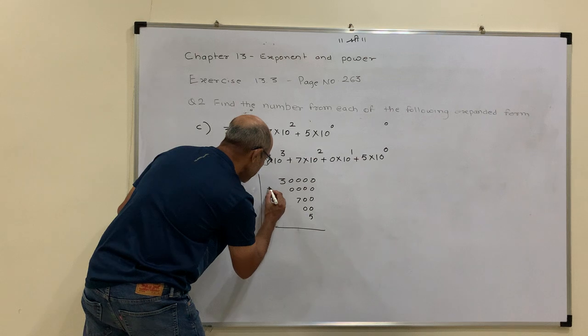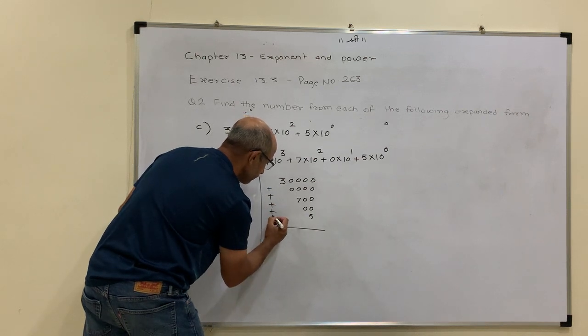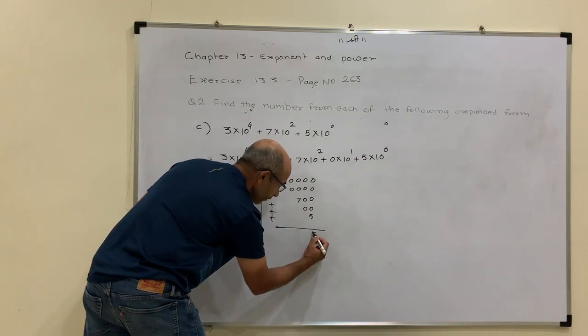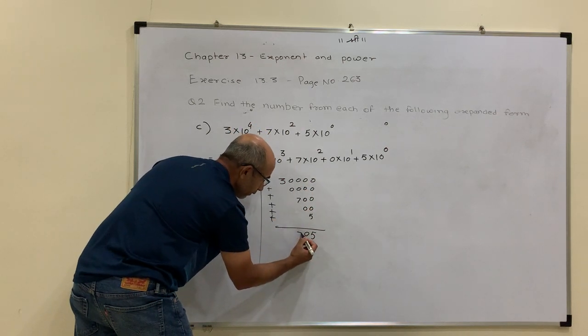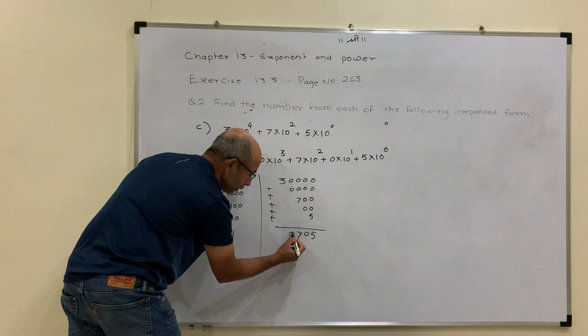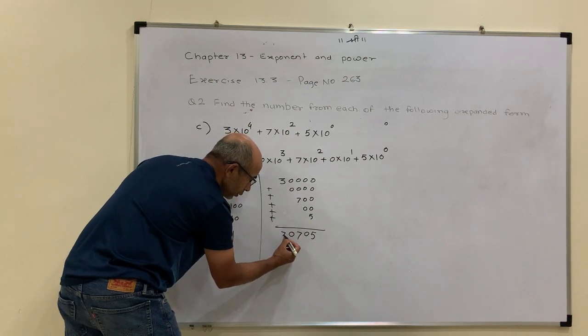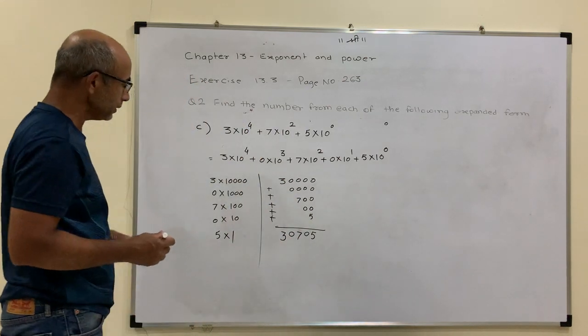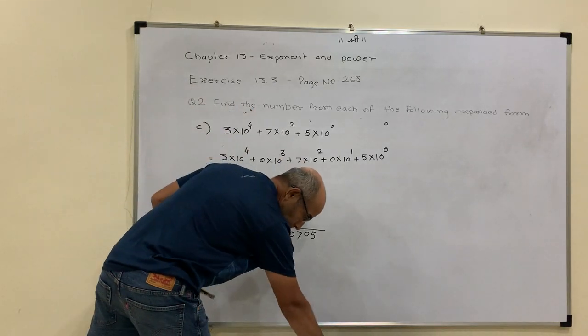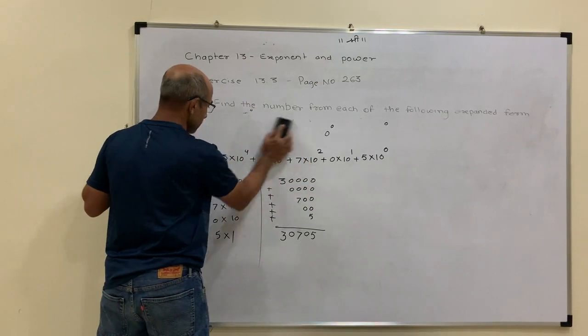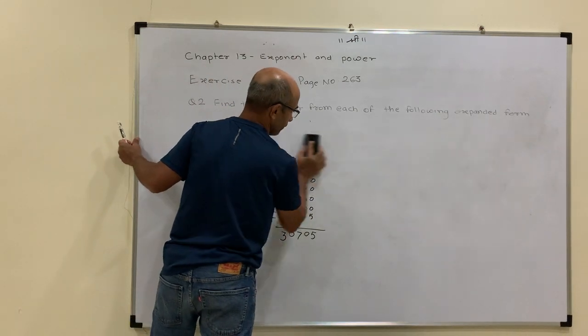So now we do addition. 5, all 0, 0, 7, 0 plus 0, 0, 3 plus all 0, 3. So my number is 30,705. And now let's solve the last one, that is D.